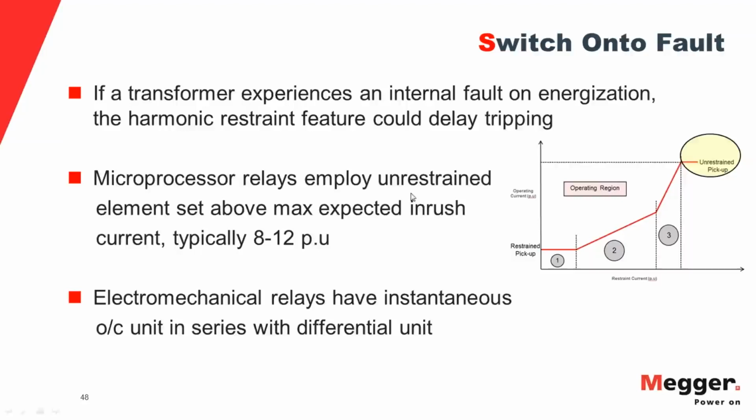So it will trip the relay instantly, even though you have an inrush, because it's an internal fault as well. Electromechanical relays, on the other hand, have an instantaneous overcurrent unit in series with the differential unit. So whenever they see an internal fault or any kind of fault which is higher than the inrush current, they just declare the instantaneous unit to operate.